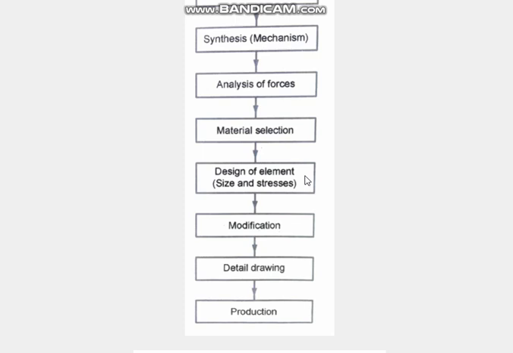How big that circular component should be, or how big that square rod should be. We have to find out. And in the case of a drum, what should be the internal diameter, what should be the external diameter, what should be the thickness of the drum. All these dimensions we should find out.